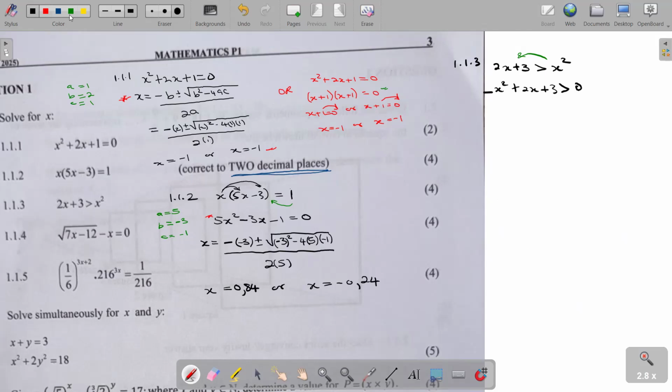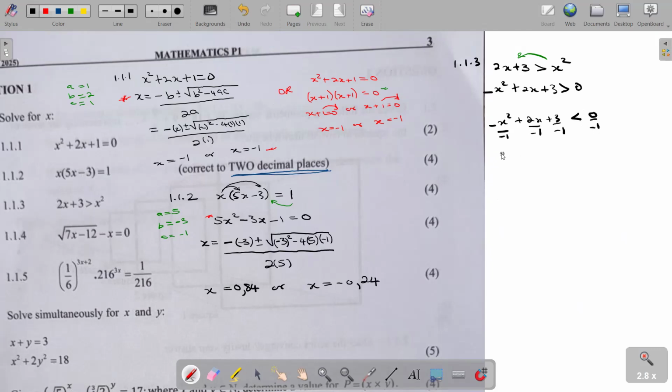So what it means is that we are going to be having negative x squared plus 2x plus 3. Then we divide throughout by a negative 1. Our inequality sign from there changes.